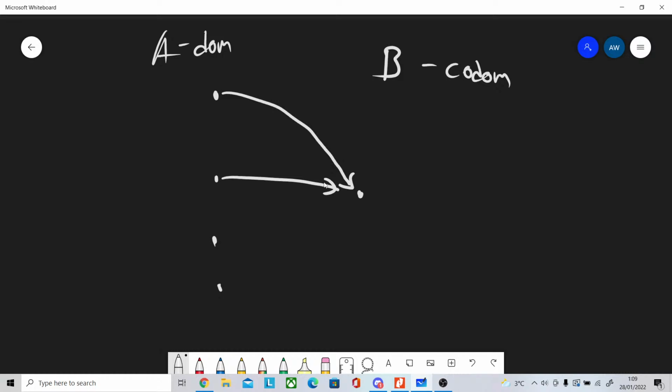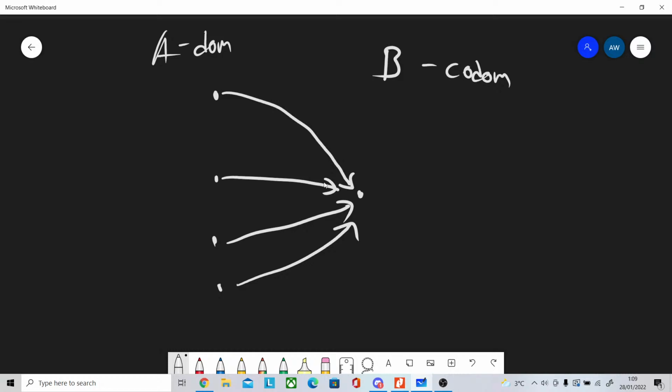A function from A to B needs to map the points of A to the points of B. This is the domain, this is the codomain. Every point in the domain needs to have a mapping. The only possible mapping is here, and here, and here, and there's no other set of combinations that you can make.